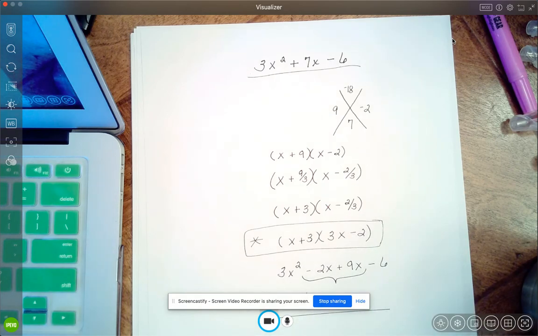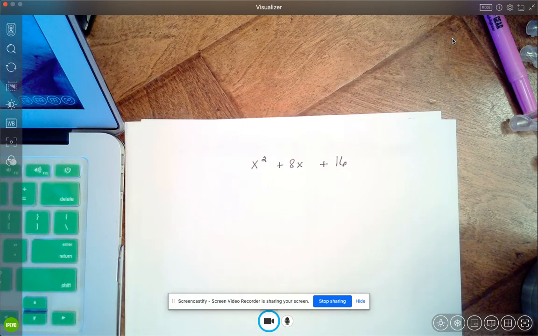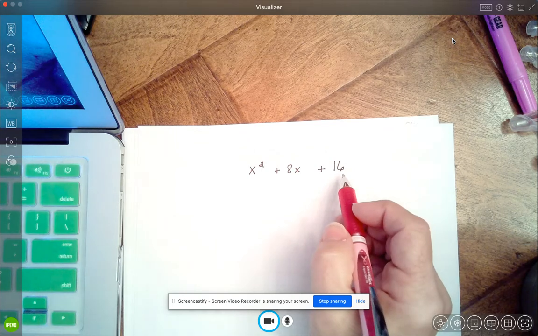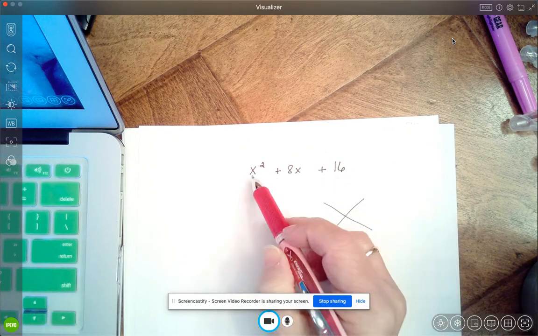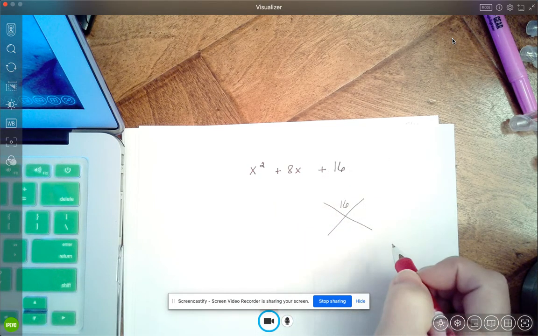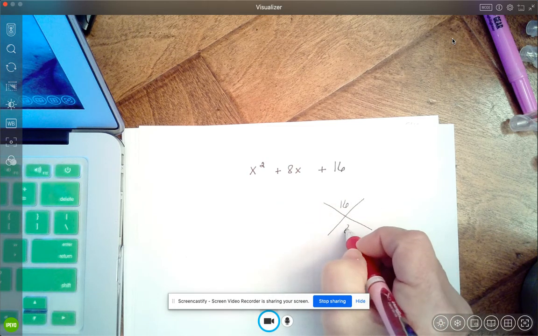Let's try one more. This one is a little easier for you. I have x squared plus 8x plus 16. I'm going to make my X. 1 times 16 is just 16. I'm going to put that right there. My b value is 8.